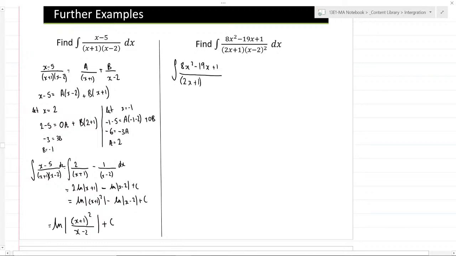So (2x plus 1) times (x minus 2) all squared is equal to a over (2x plus 1) plus b over (x minus 2) plus c over (x minus 2) all squared. Okay?